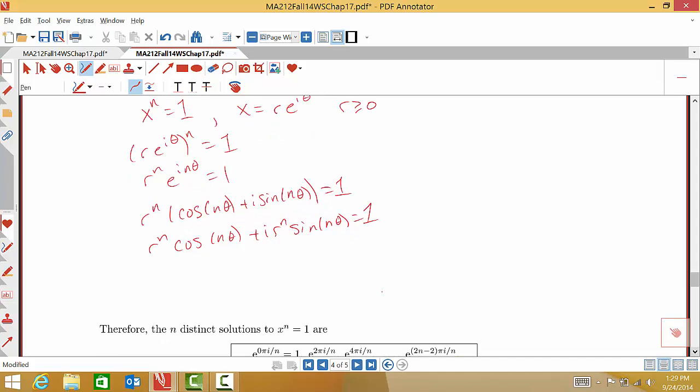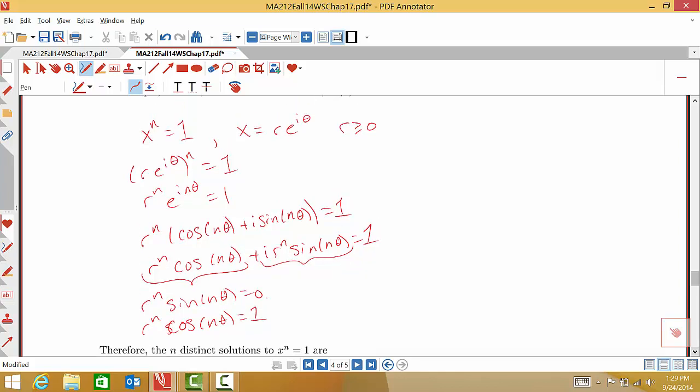If I look at the left side of the equation, this first part is purely real, since r, n, and theta are real numbers, and this second part is purely imaginary. Now I want to choose r and theta such that the left equals the right. On the right there are no imaginary parts, so we need r to the n sine of n theta to be 0, and we need r to the nth power cosine of n theta to be 1.